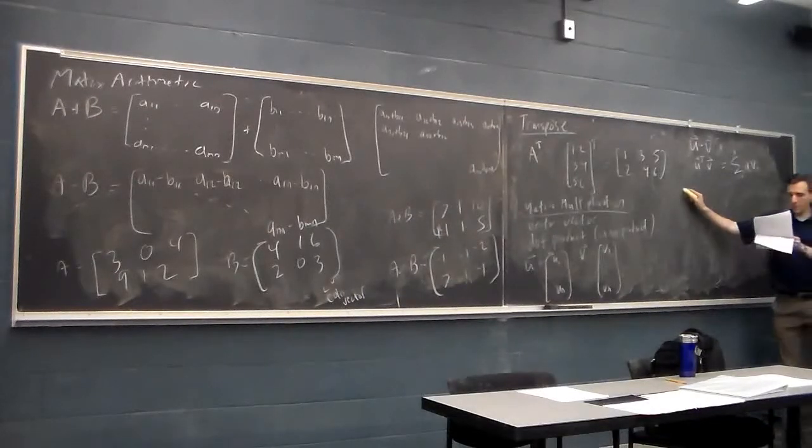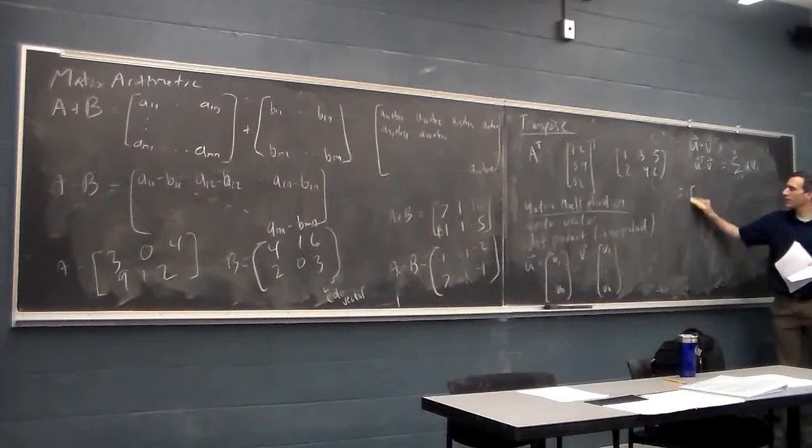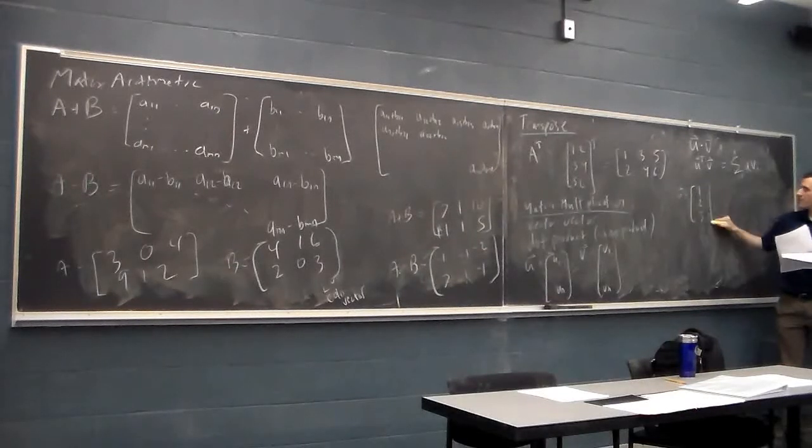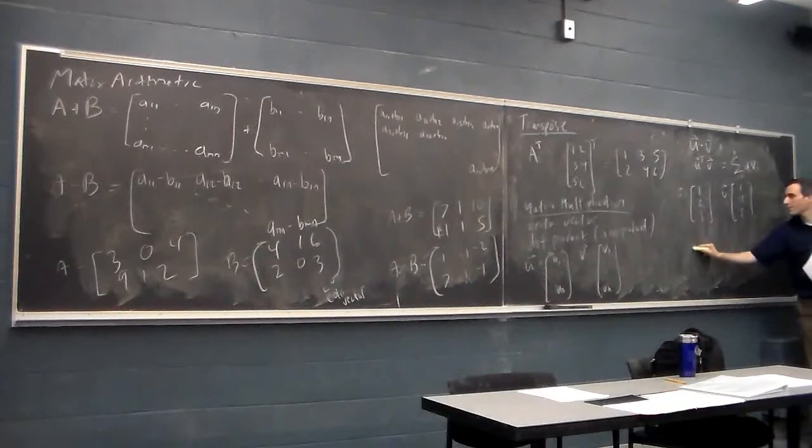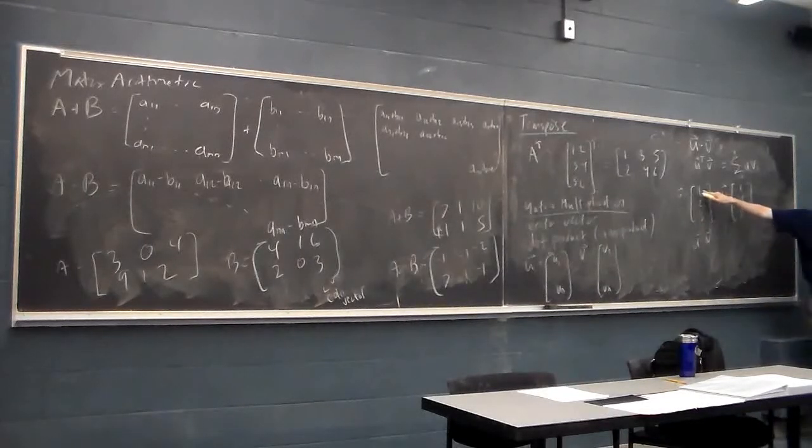So if we take an example, let's say u is 1, 2, 3, and v is 1, minus 1, 2, then to compute u dot v, what we would do is take the first element of u times the first element of v, that's 1 times 1, plus the second element of u times the second element of v, 2 times minus 1, plus the third element of u times the third element of v, 3 times 2, and if we add that up, we'll get 5.